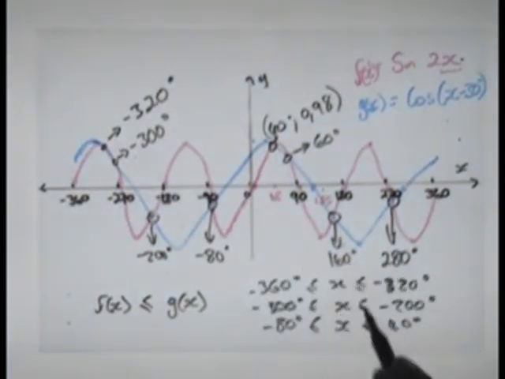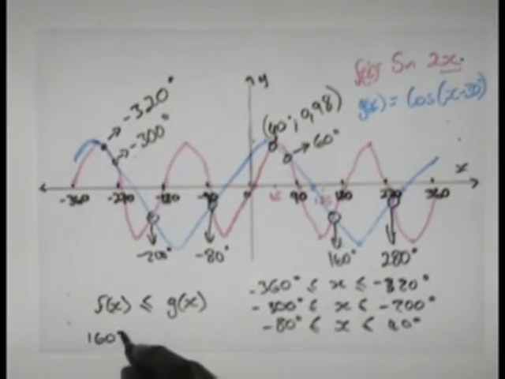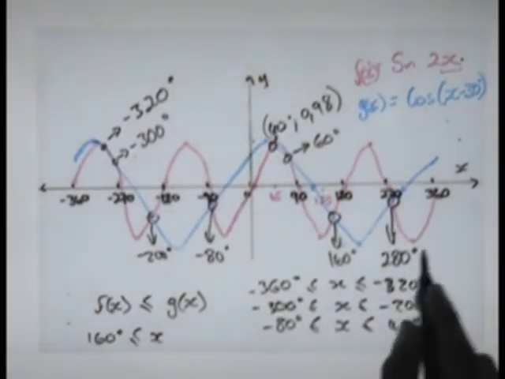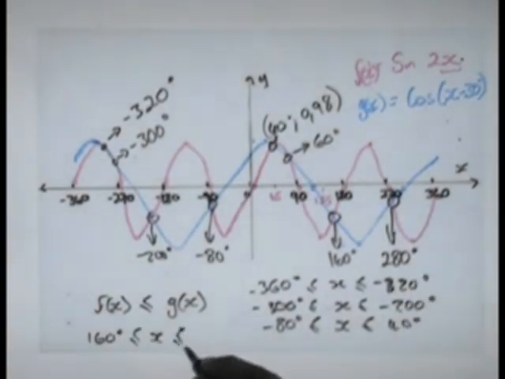Then from positive 160 all the way up to 280 degrees. And those are the sets of points where f of x is less than or equal to g of x.